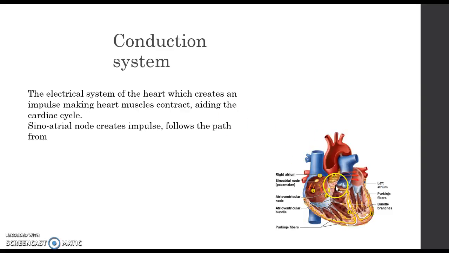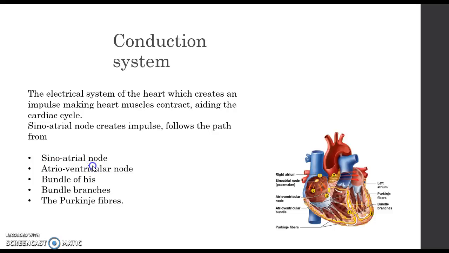The impulse sent from the SA node goes to the AV node and down the bundle of His to the bundle branches and Purkinje fibres, which helps contract the bottom of the ventricle, which helps to push the blood up because it's contracting from the bottom to the top. So it goes from the SA node, or sinoatrial, then the atrioventricular node, to the bundle of His, bundle branches, Purkinje fibres.